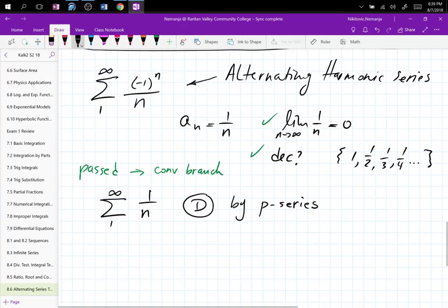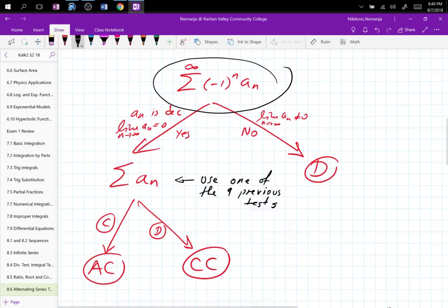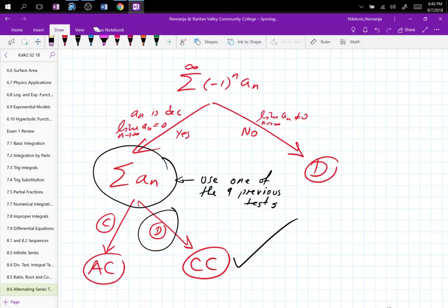So now it's on a convergent branch, but the series diverged, so we end up with conditional convergence. Here is the diagram. We start here, conditions hold, you are on the convergent branch. When you do the test for the series without (-1)^n, you get divergent, and you end up with conditional convergence.